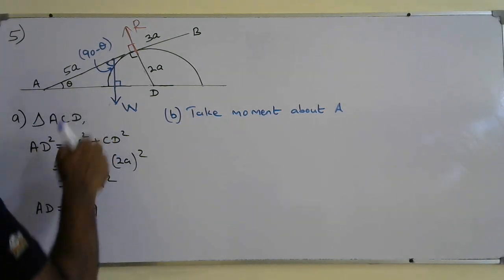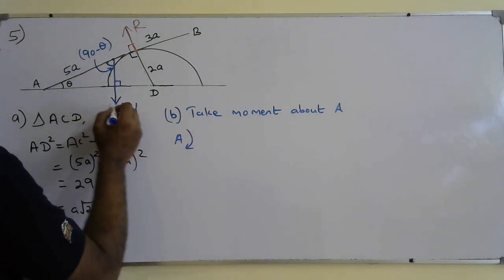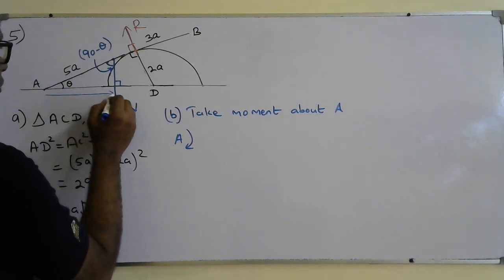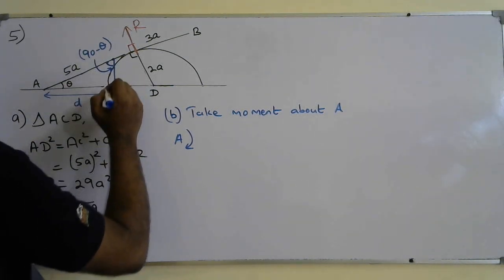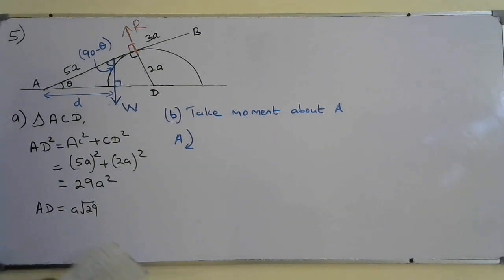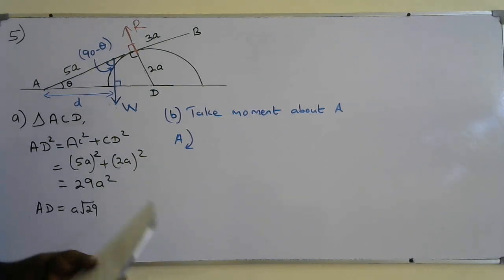So clockwise moment, if I take, the weight is acting this way. This is the perpendicular distance to the line of action of the weight. That distance is equal to 5A cos theta, and we can find the cos theta, it is not an issue.